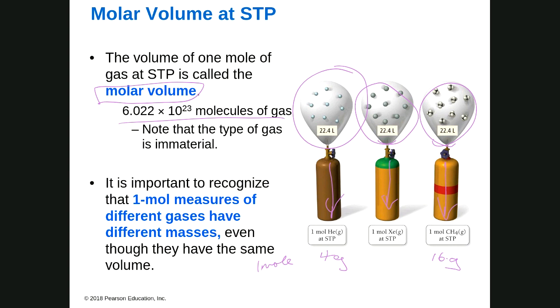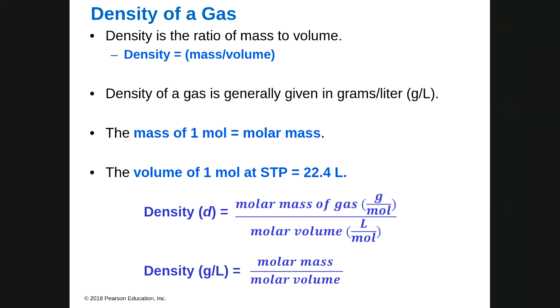So they always have the same one. So even though they have different molar masses, they have the same molar volume. So that 22.4 liters is the molar volume, and that's just something that you need to keep in mind.